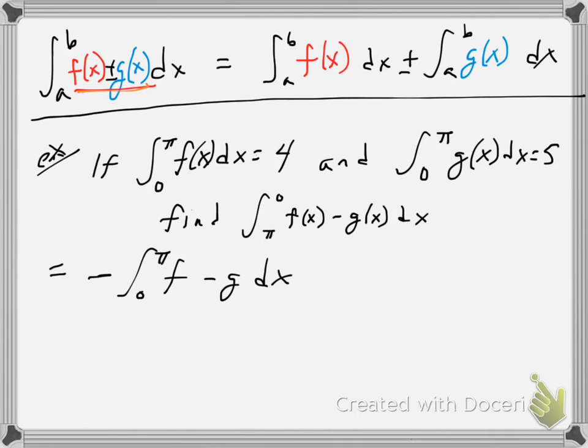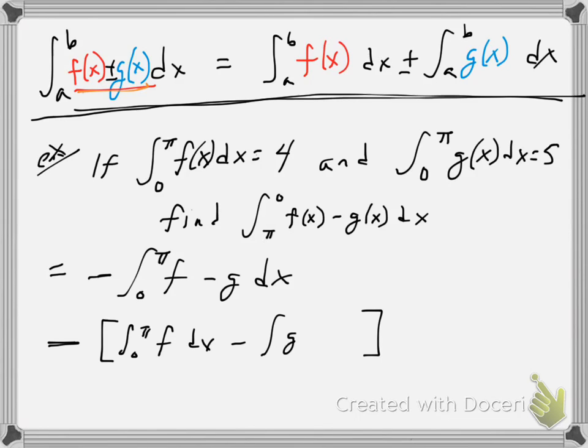Just abbreviate here. Okay. Well, I have this minus on the outside, right? This property up here says the integral of a sum or difference is the sum or difference of integrals. So I'm going to split these both apart into the integral of f dx minus the integral of g dx.